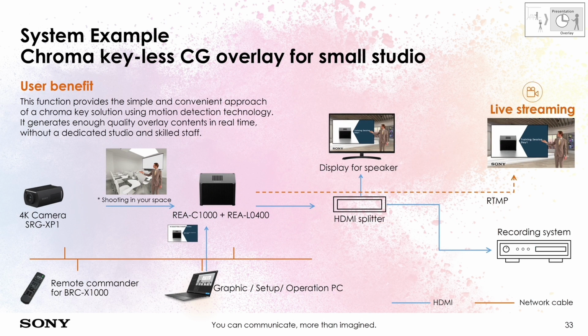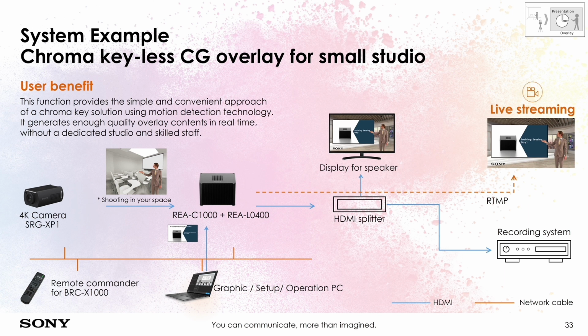This is the system example of chroma key CZ overlay for small studios. We can use a fixed 4K camera like SRG-XP1 and REC-1000 plus L400 license.